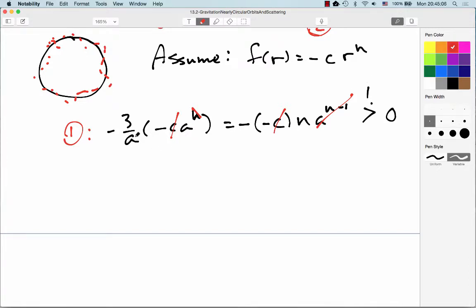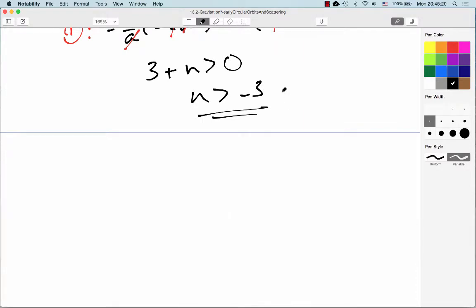And we can cancel our other a right there, and we get minus and minus is plus, so 3 plus n is greater than 0, or n is greater than negative 3. So our orbit is stable. So what we've got right now is if n is greater than negative 3, we have stability. And if it's strictly less than negative 3, it's unstable.